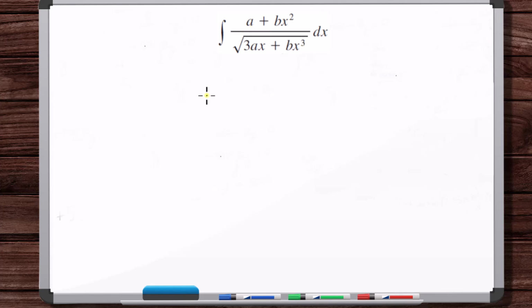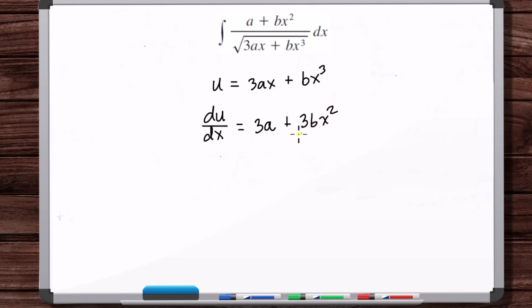So let's do u is equal to 3ax plus, okay, so du dx is equal to 3a plus 3bx squared.